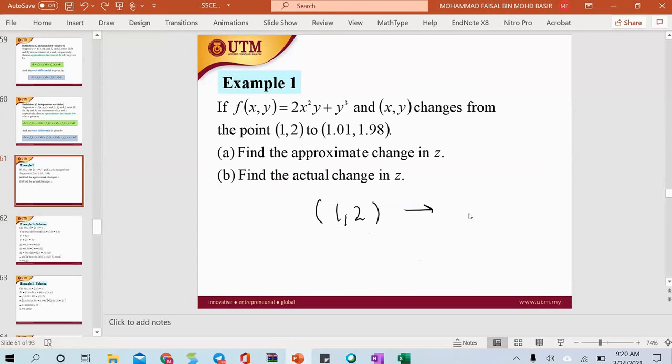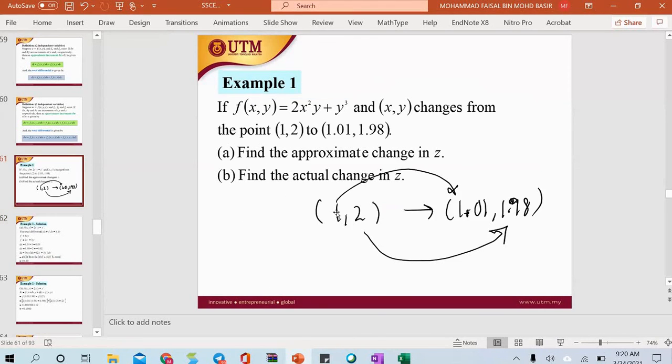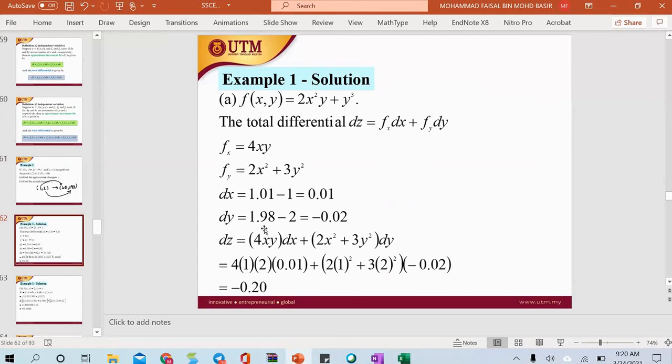See, 1 to 1.01, 2 to 1.98, which means there is a difference of 0.01 for dx, because this is x and this is y. So your y will have a difference of negative 0.02.